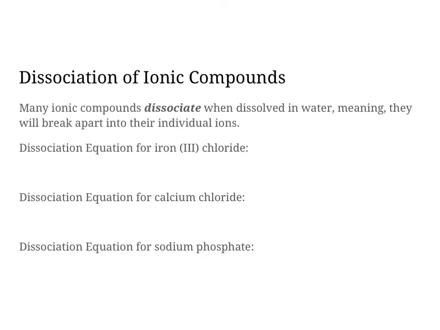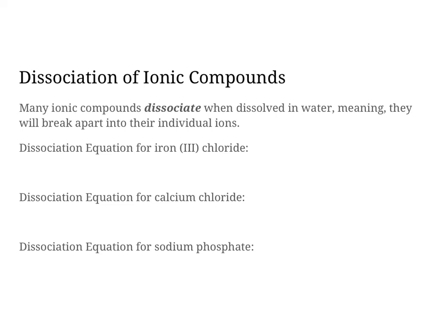Now, when ionic compounds are dissolved in water, they dissociate, and what that means is they're actually breaking apart. So I'm going to write an actual equation for the dissociation.